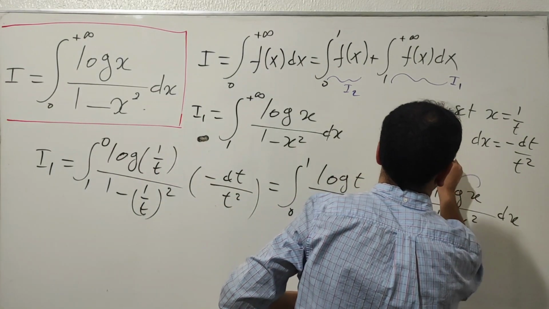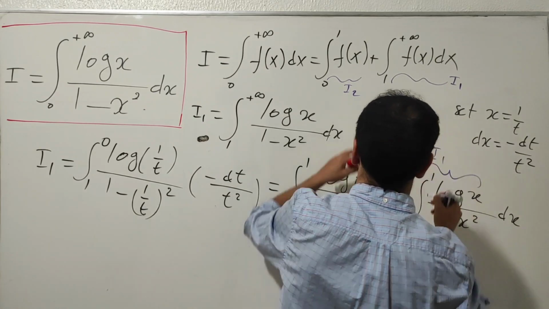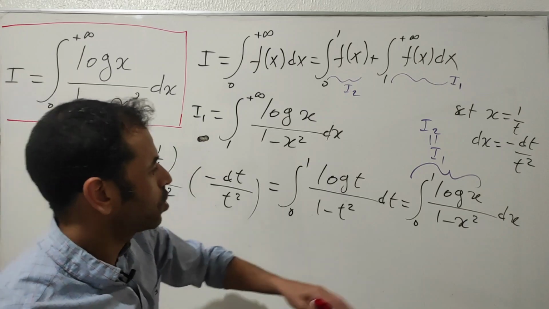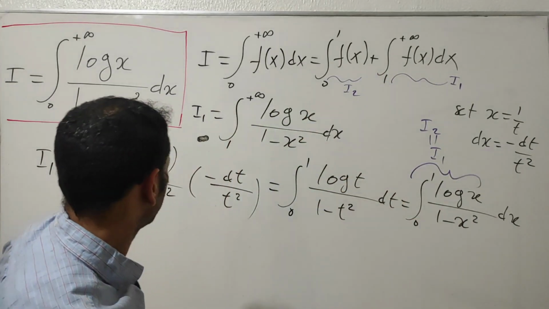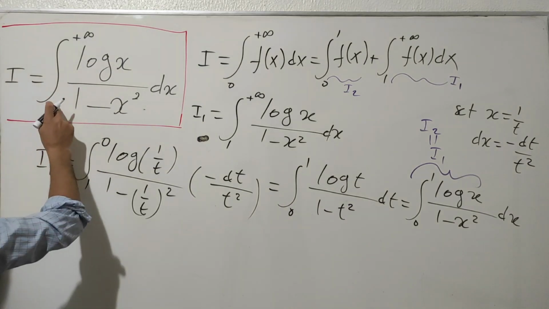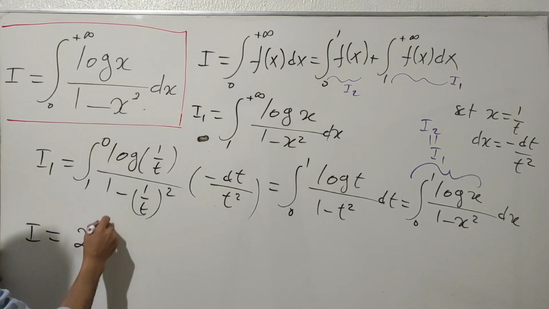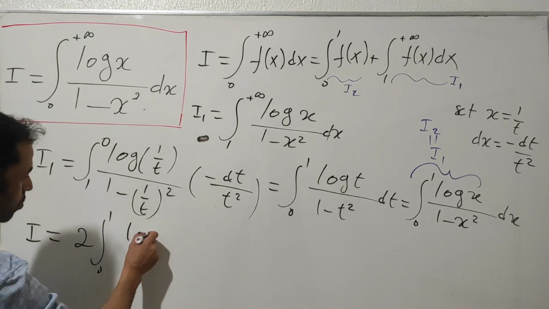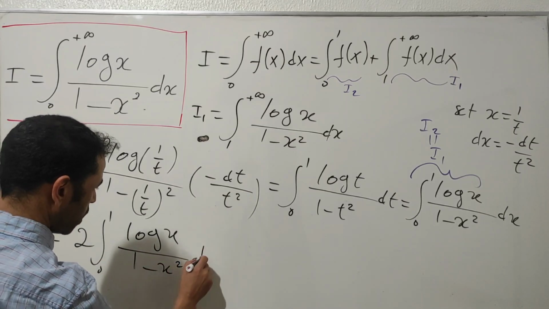It was I2 integral, which equals I1 integral, because replacing this one into this one gives us the same bound. Okay, so now the original integral I, running from 0 to plus infinity, equals 2 times the integral from 0 to 1 of logarithm x all over 1 minus x squared dx.